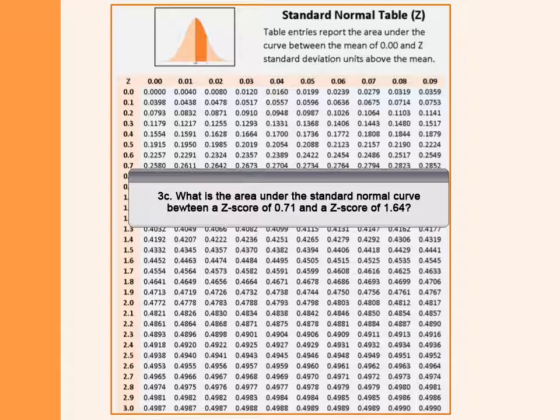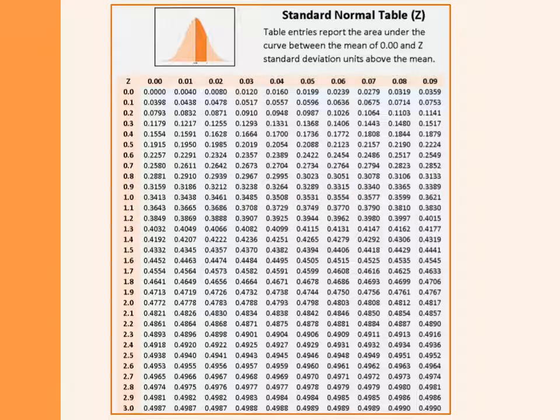For the third problem in this set, we are to find the area under the standard normal curve between a z-score of 0.71 and a z-score of 1.64. Looking up the area between the mean and z-score of 0.71, we highlight the row that reports a z-score of 0.7 and the column that reports the z-score of 100th.